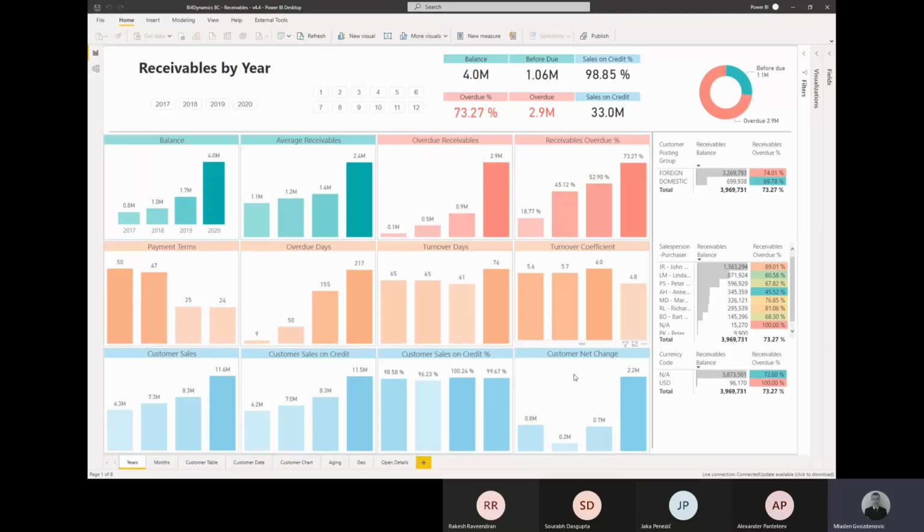Customer sales and credit, this information is here, and also it says if we see what is the increase or decrease in the balance, that is a net change. Adding or decreasing. Net change can be negative if there were more payments than invoices. Okay.